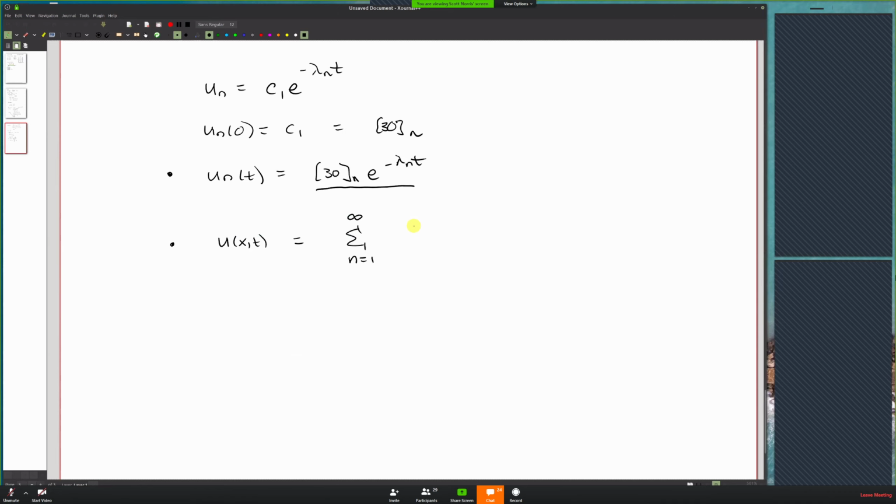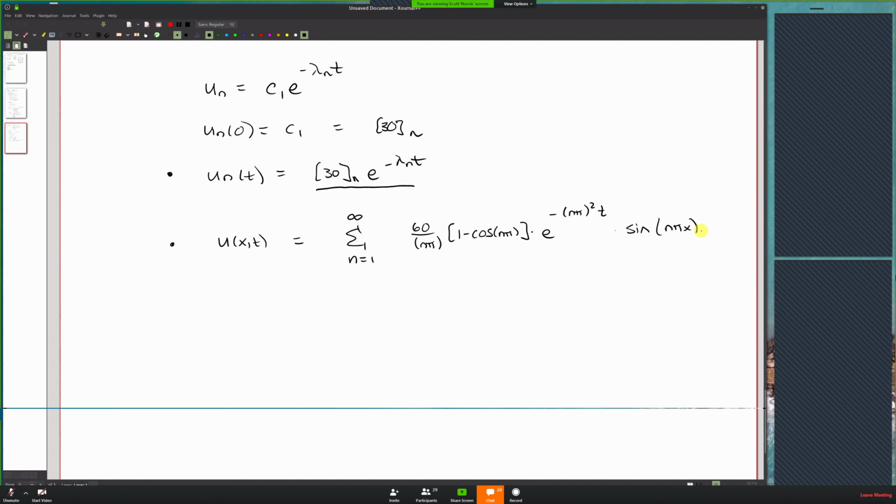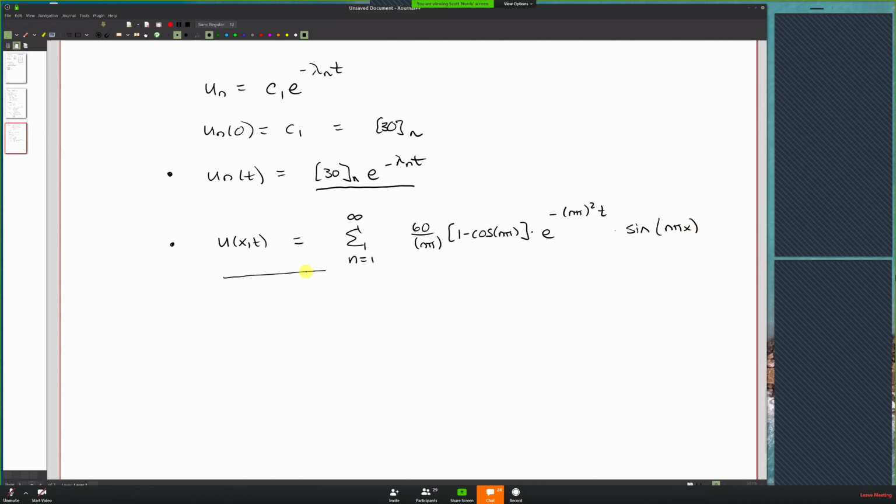Let me rewrite the actual values here. It was 60 over n pi, 1 minus cosine n pi, times e to the minus, what was lambda sub n? That was n pi quantity squared t, times sine of n pi x. And that is my eigenfunction solution to this diffusion equation.